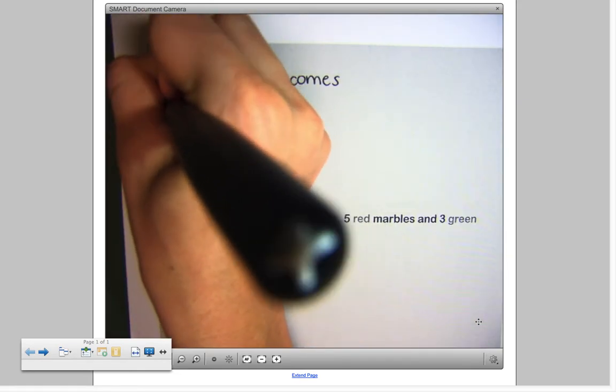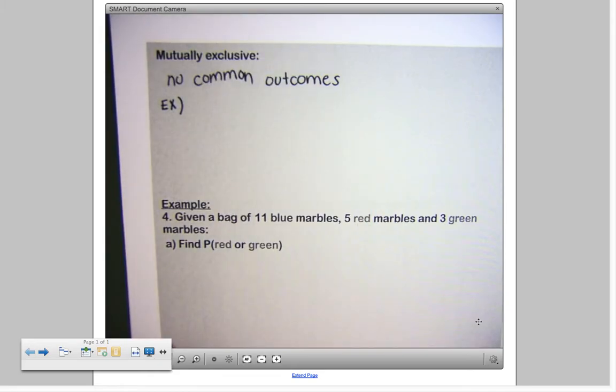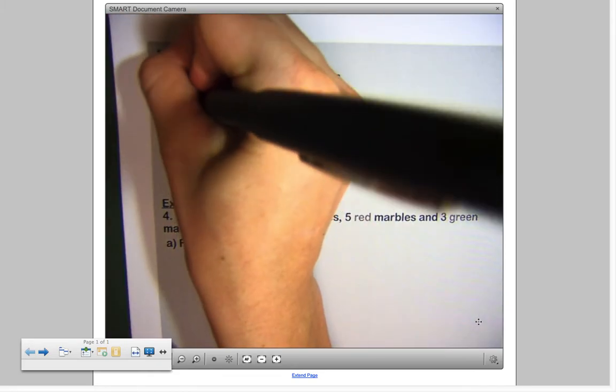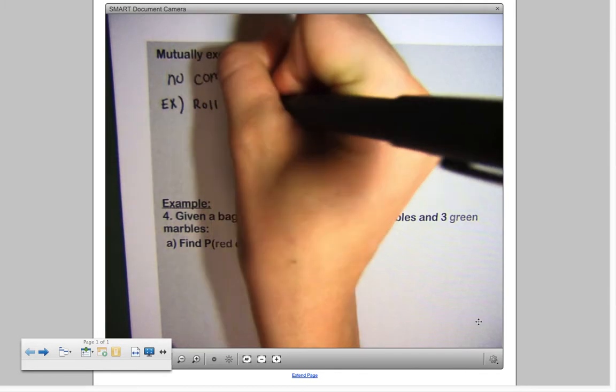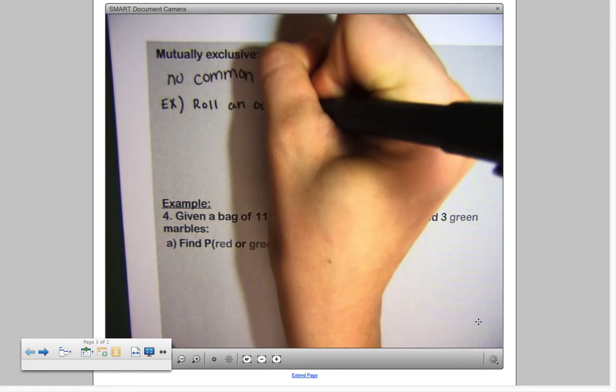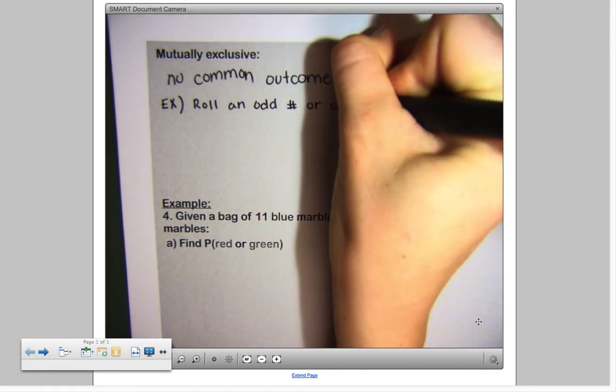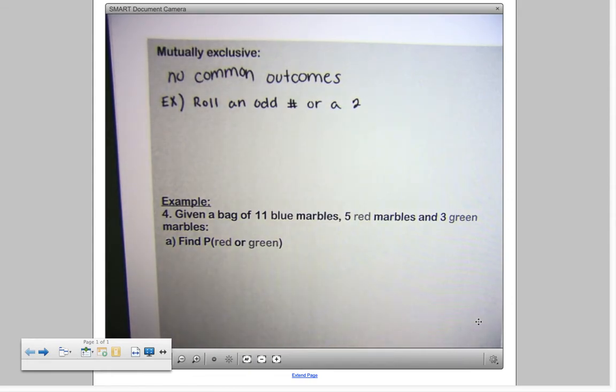Okay, so an example of this would be roll an odd number or a 2. Okay, so we cannot roll an odd number and a 2 because 2 is even. So this means that they are mutually exclusive, so they have no common events.